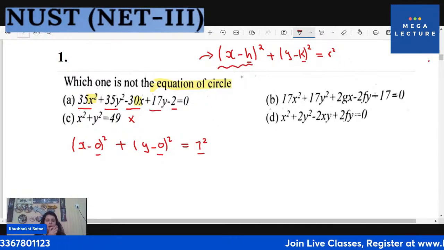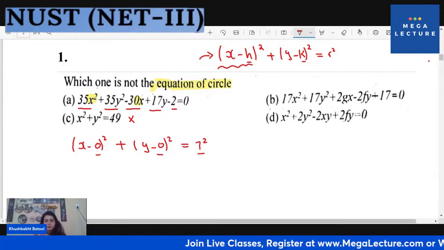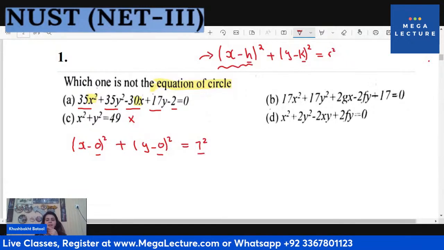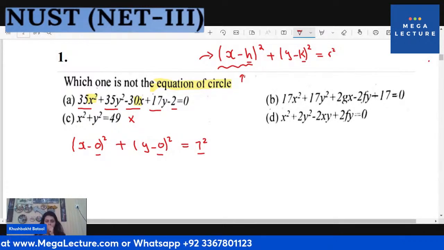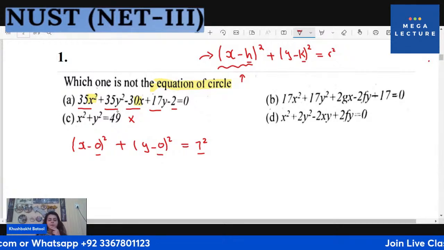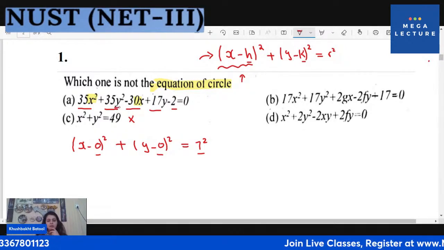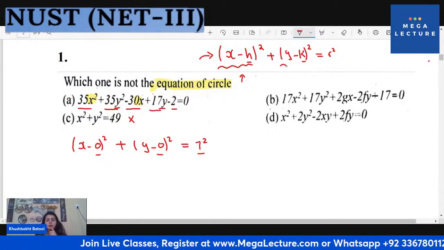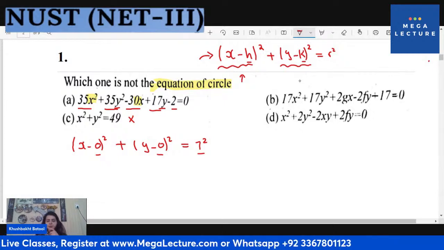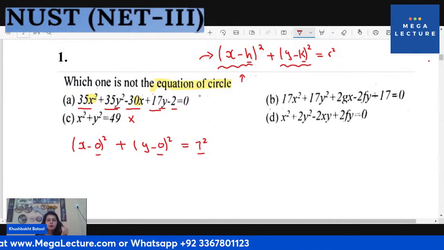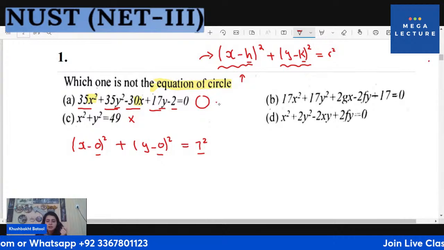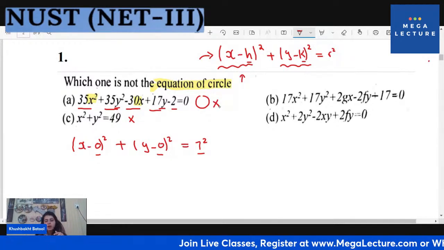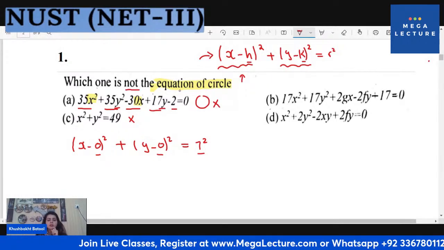I repeat, if you have the x² term and the x term, by completing the square, you would be able to find something of this type. Similarly, when you have the y² term and the y term, by completing the square, you would be able to find something of this type. So if you have this, you would have a number on this side, and this certainly would be the equation of a circle. So this cannot be our answer because it says not the equation of a circle.